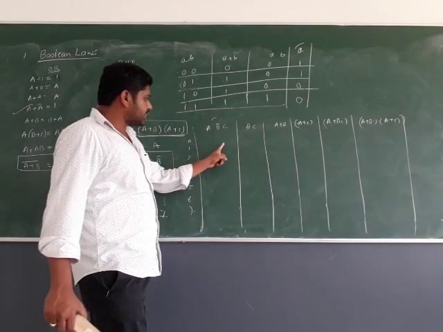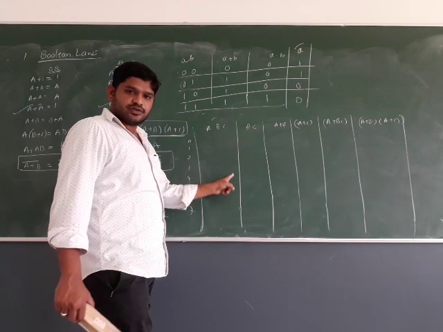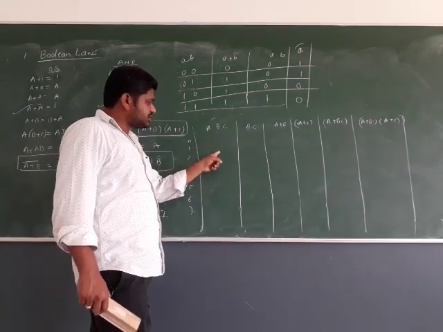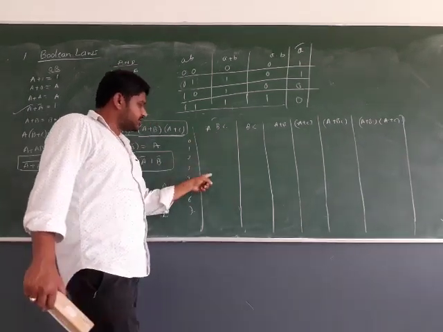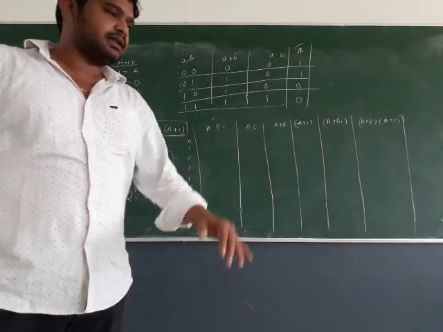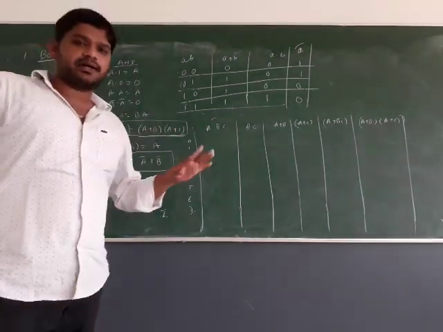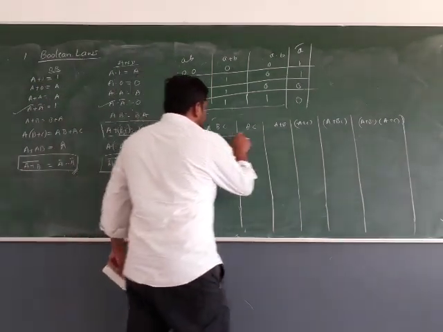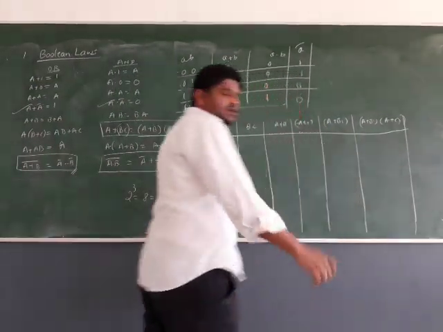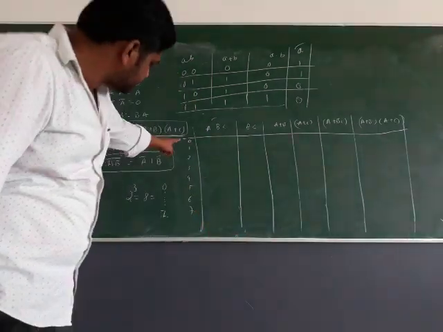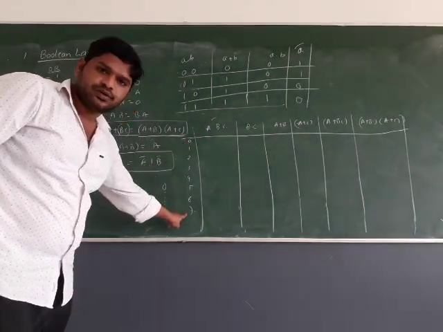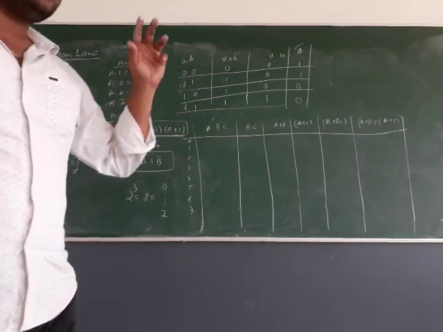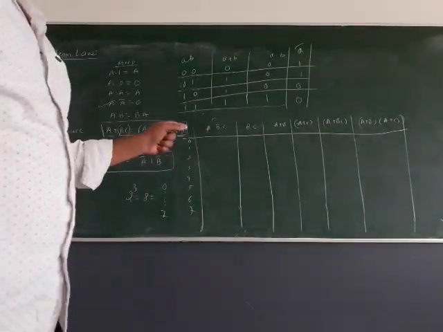They will directly write 0 1 0 1 0 1, then 0 0 1 1, then 4 times 0 and 4 times 1, like that. Please avoid that practice. That is not correct, because that will hold correct only when you have these numbers in order. It will be very difficult if you have that practice.